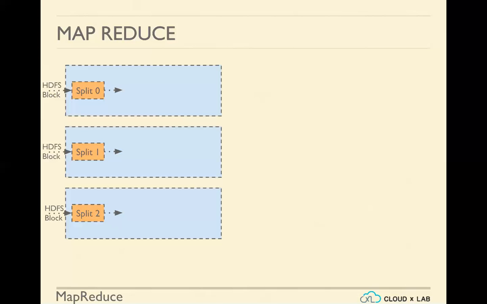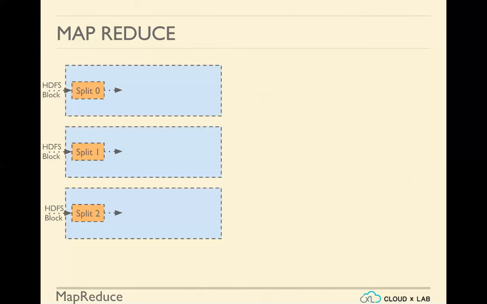You remember our HDFS blocks were raw and fixed width, so the boundaries could be, let's say, half of the line goes in one block, another half goes in another block. That could happen. So those kinds of raw blocks are converted into input splits. If it's a plain text file, the input split will be a bunch of lines and so on.